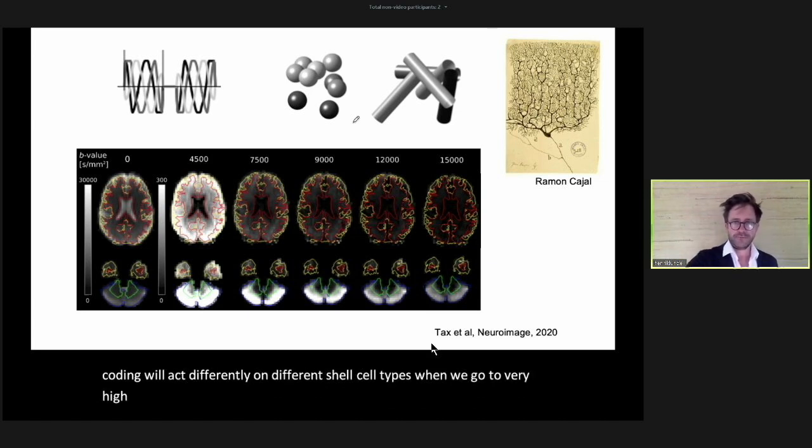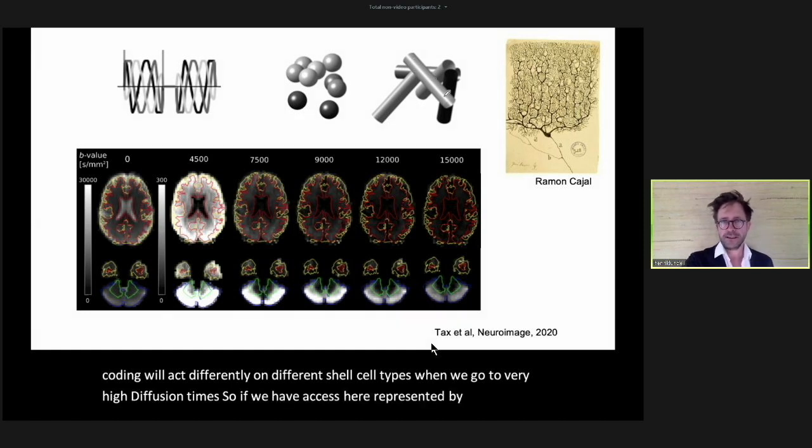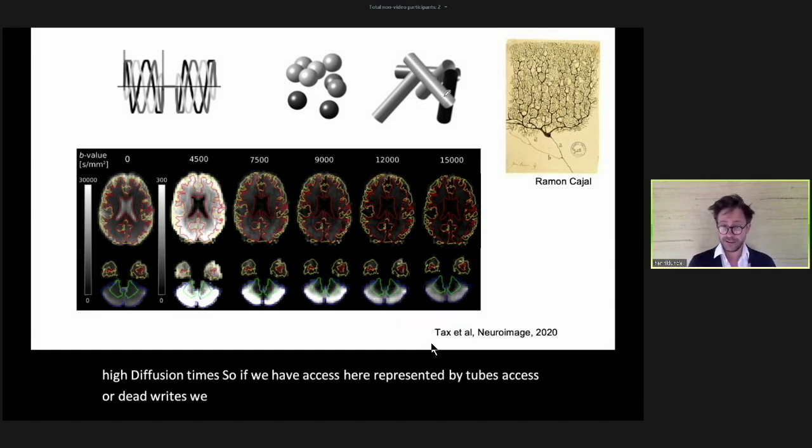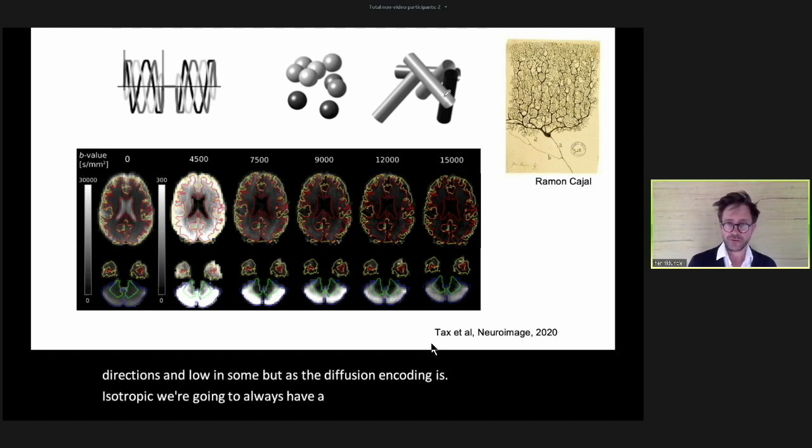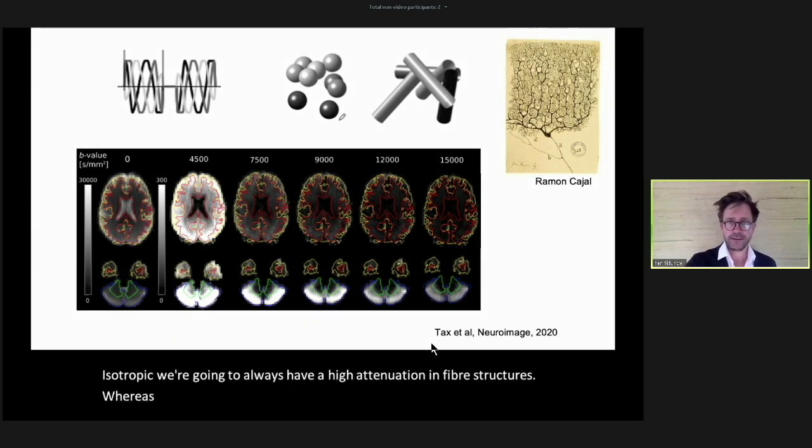If we have axons or dendrites represented by tubes, we are going to have a high diffusivity in some directions and low in others, but as the diffusion encoding is isotropic, we're always going to have a high attenuation in fibrous structures, whereas we will have a maintained signal in small spherical cells where we have restrictions in all directions.